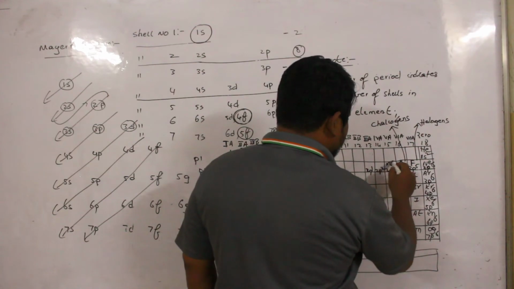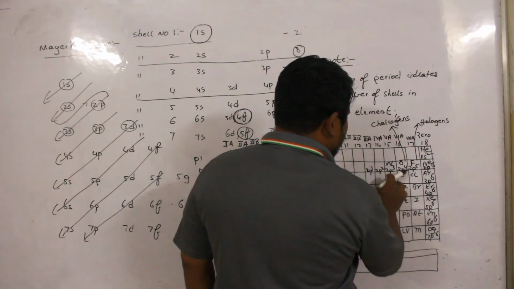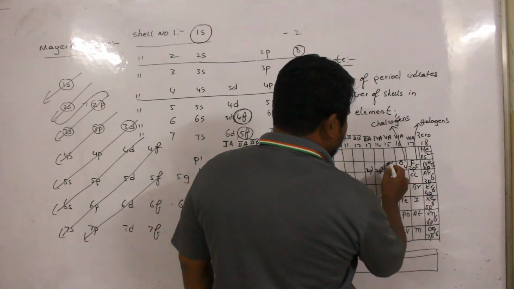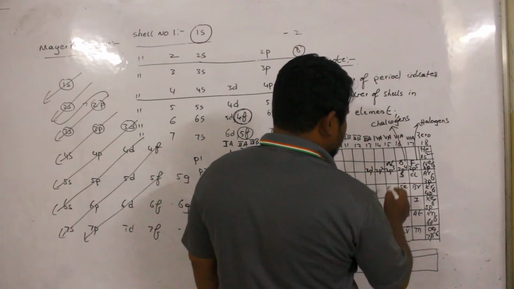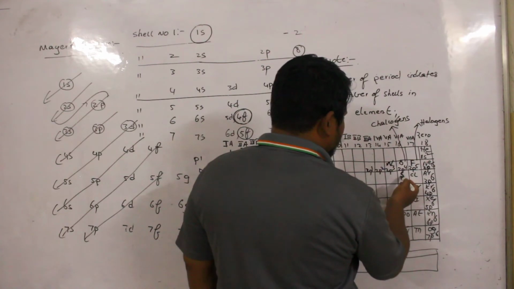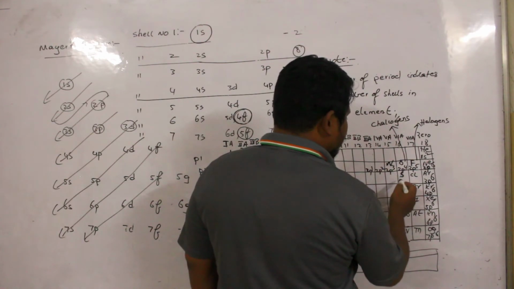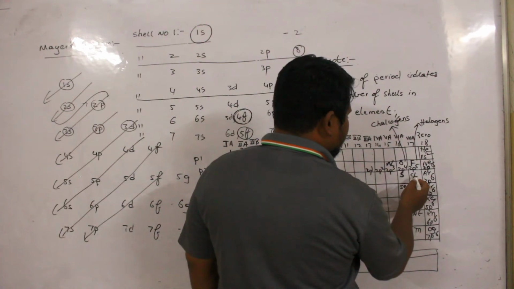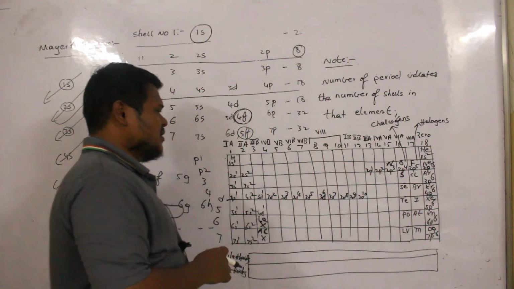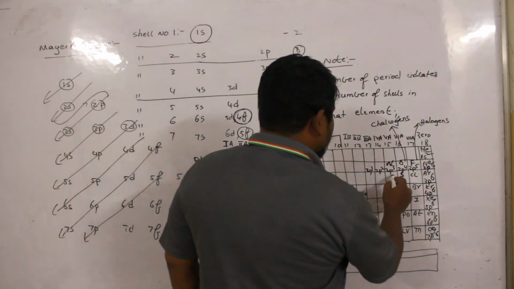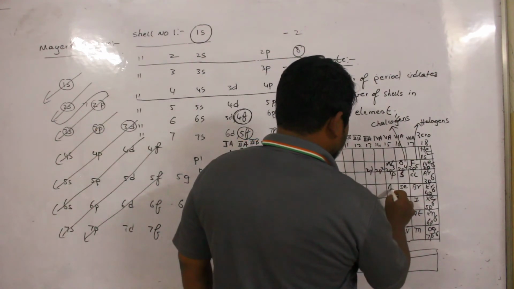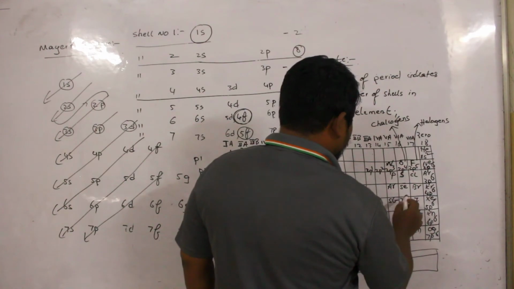So nitrogen, then after that, sulfur we wrote, nitrogen. After nitrogen look, phosphorus. Yes. So nitrogen, phosphorus, arsenic, antimony.